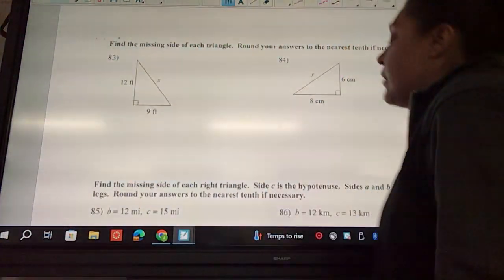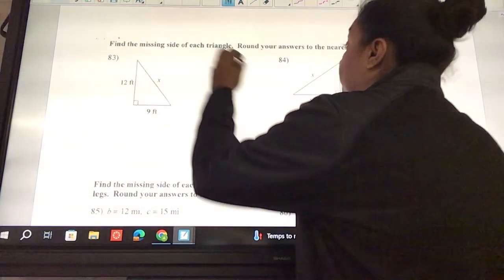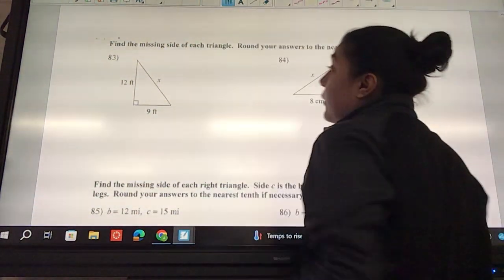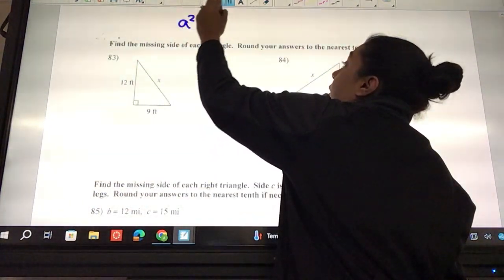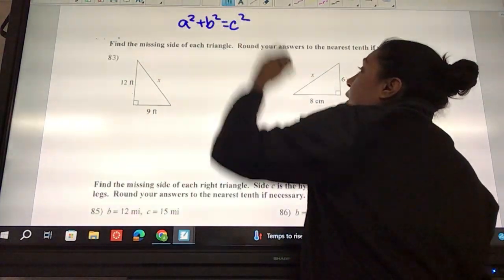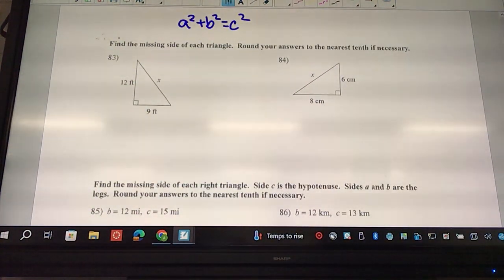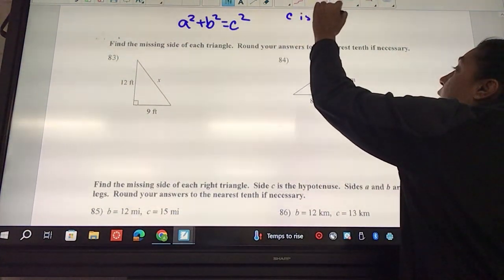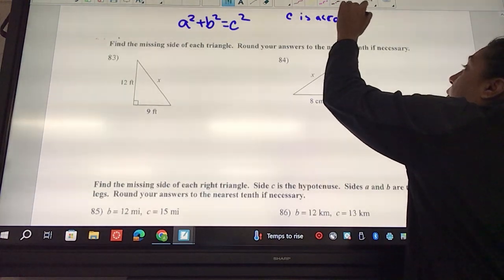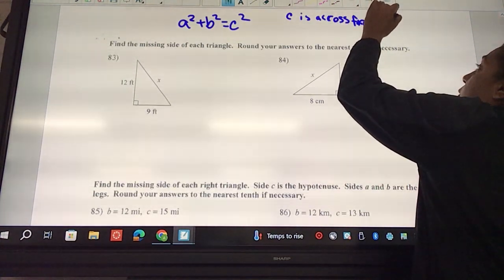Okay, the back page is all about the Pythagorean theorem. What is the Pythagorean theorem? You guys know it. What's the formula? A squared plus B squared equals C squared. What do we know about the C? It's right across from the right angle. C is across from the square.